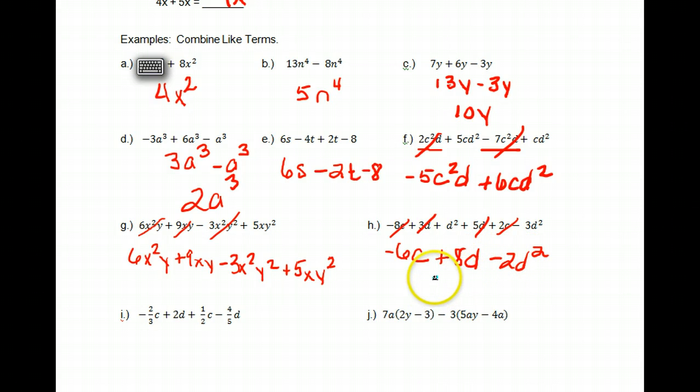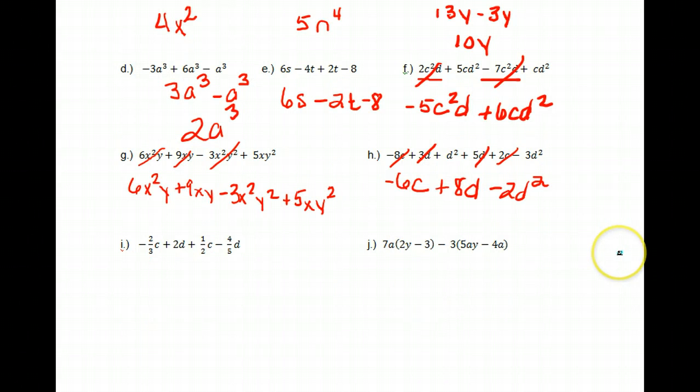Well, the reason is because we have two different variables, and we always start with the variable that comes first according to the alphabet. So that variable would be the one that goes in descending order. After that, our second variable would go in ascending order. So the d would have to go in order from smallest exponent to biggest.